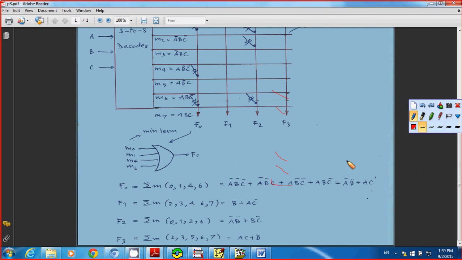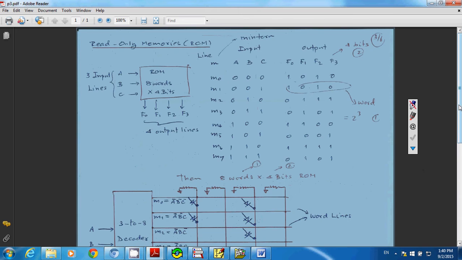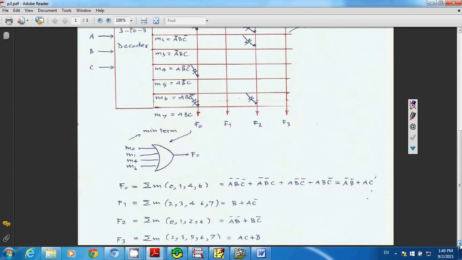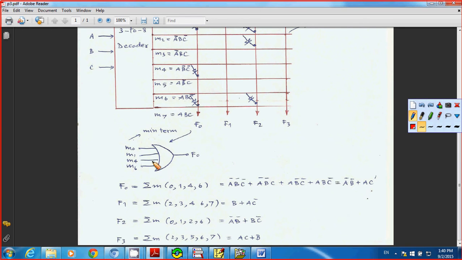And right now here, I can write it out. This is for F0, so I need an OR gate, right? Because these are min-terms 0, 1, 4, 6: 0 line, 1 line, 4th line, 6th line. And for F0, that's why I have min-terms 0, 1, 4, and 6.